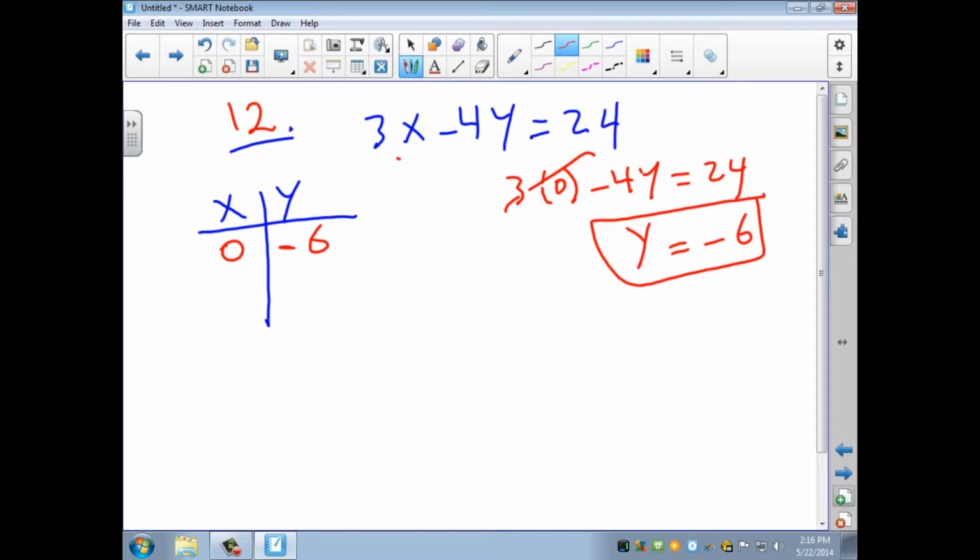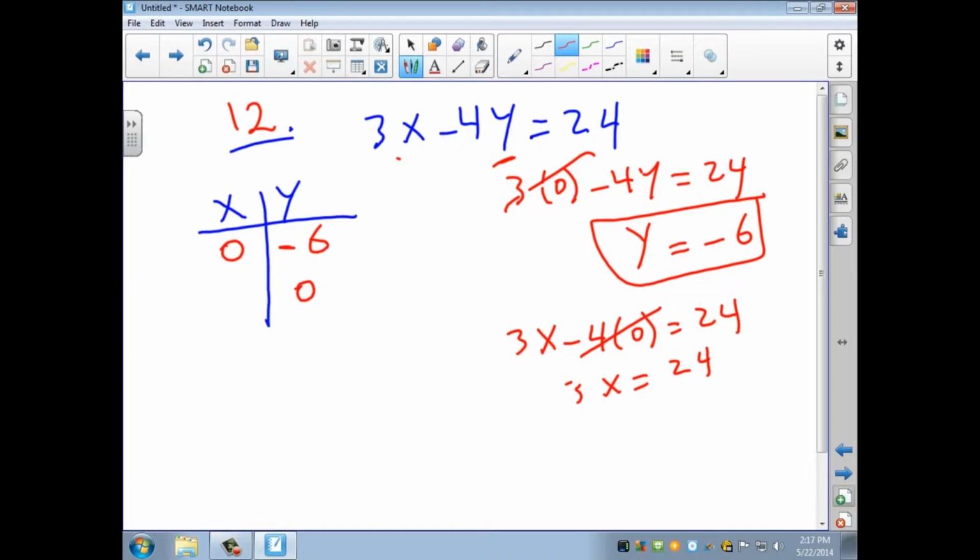That's 1 point. Another one, let's assume y is 0. Again, that's the easiest point I can find. So if y is 0, then you would have 3x minus 4 times 0 equal 24. 4 times 0 is 0, therefore 3x is equal to 24.